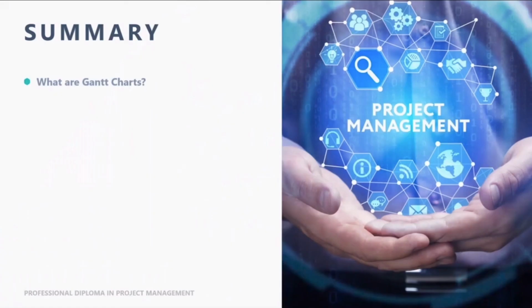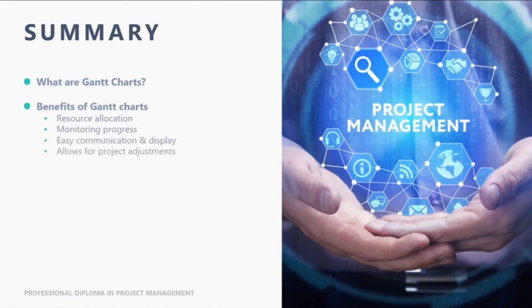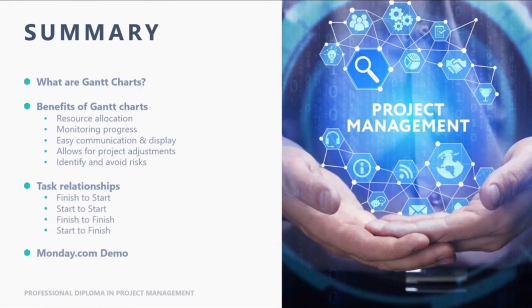Just to summarize today's lesson, we spoke about what Gantt charts are, the different benefits of Gantt charts, which include resource allocation, monitoring progress, easy communication and display, allowing for easy project adjustments, assisting in identifying and avoiding risks, and then we went on to talk about task relationships, including finish to start, start to start, finish to finish, and start to finish. And then we ended off with our fun Monday.com demo.